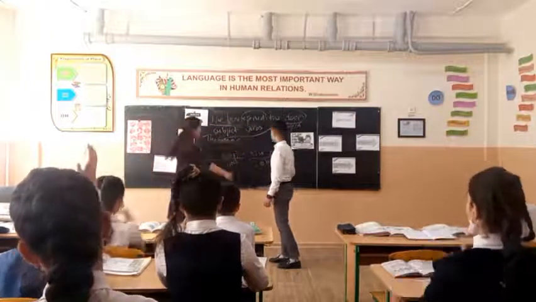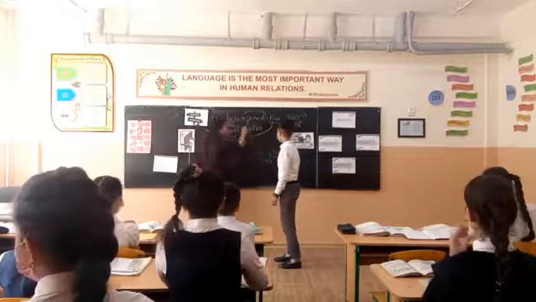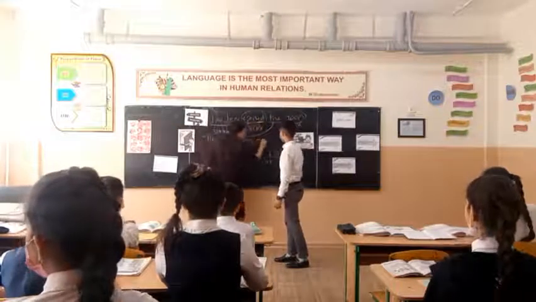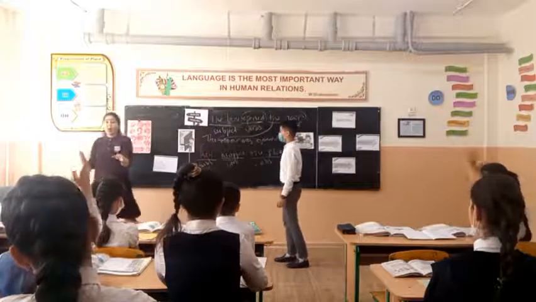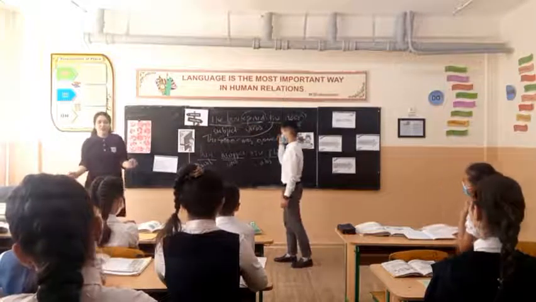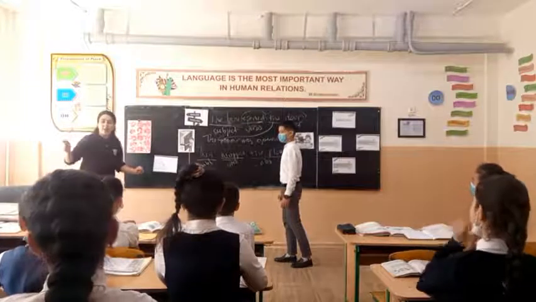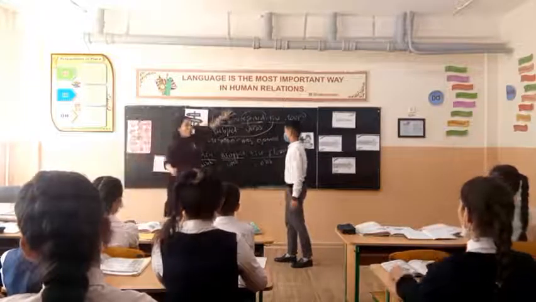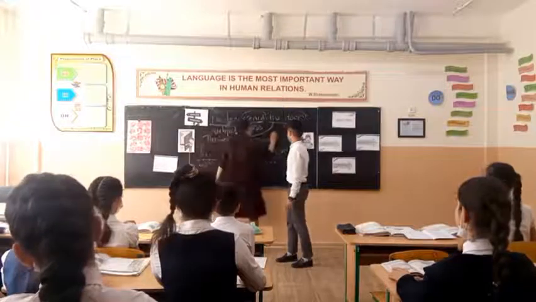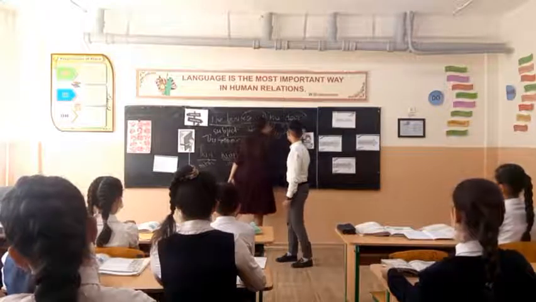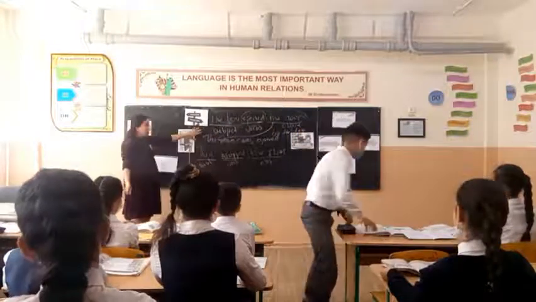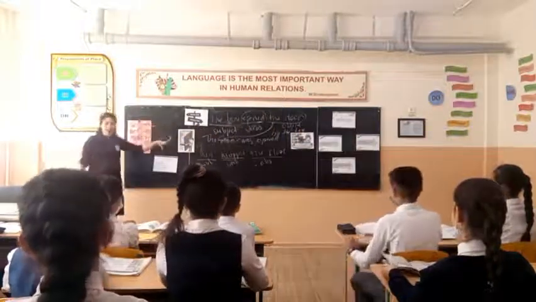Was. Was opened. Okay. By. What is the agent here? The agent is the boy, right? And we can write here by the boy. Thank you very much. Now we have changed the sentence into passive.